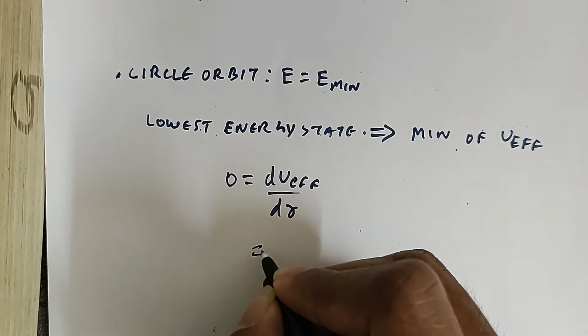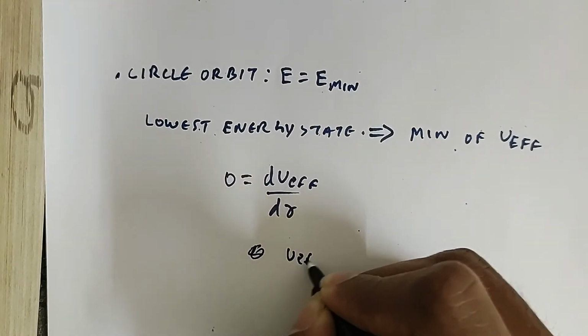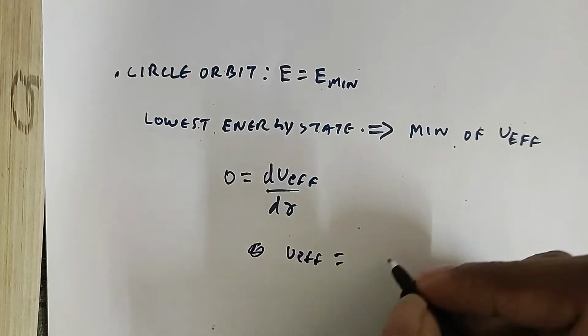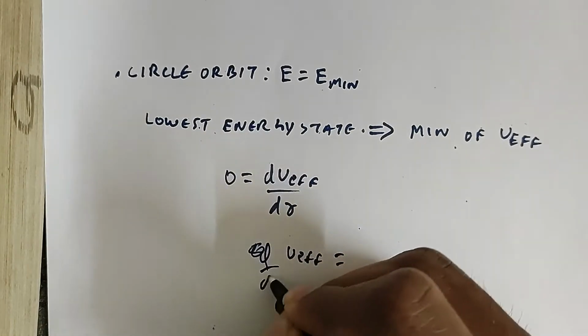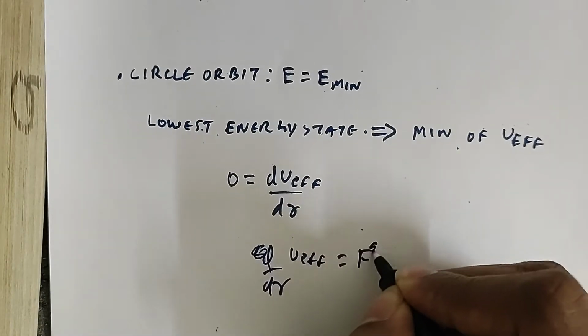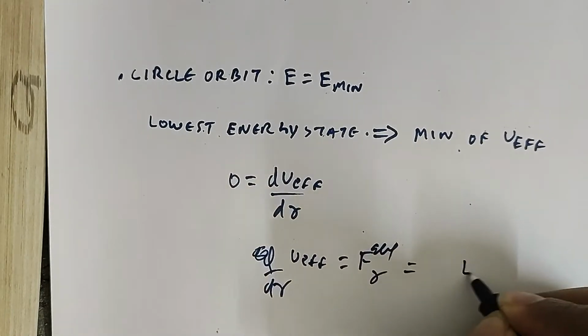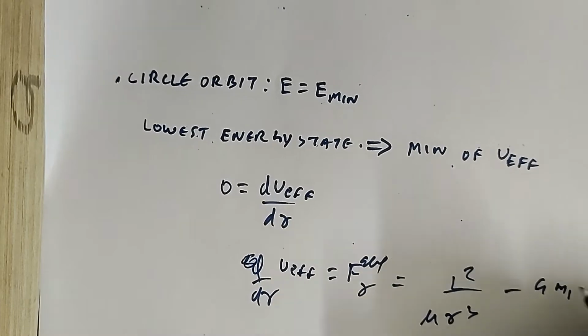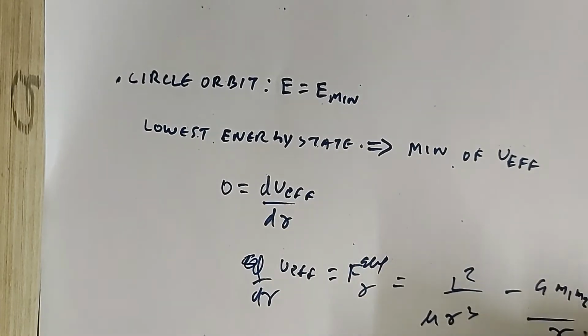So what was U effective? Let me write it down before I forget. I know this is nothing but the effective force, right? So I know the equation is L square upon mu r cube minus G m1 m2 upon r square.